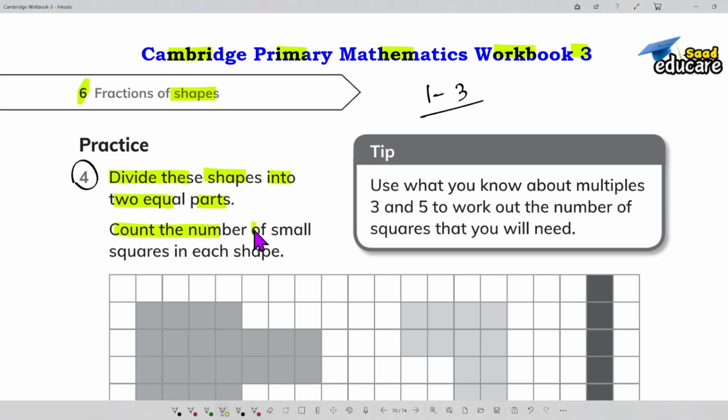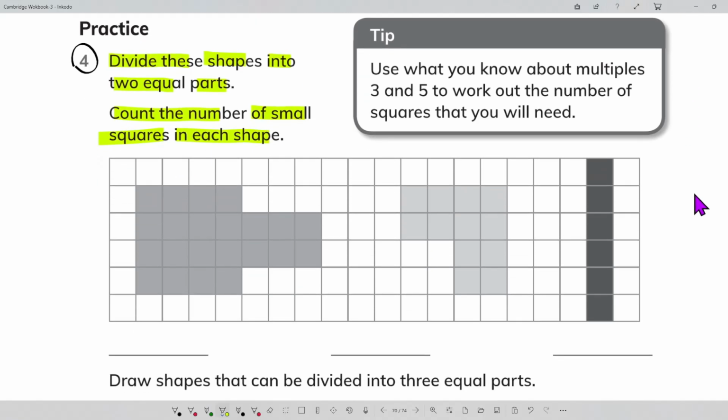Count the number of small squares in each shape. It's a very simple thing. Here there are three shaded pictures.